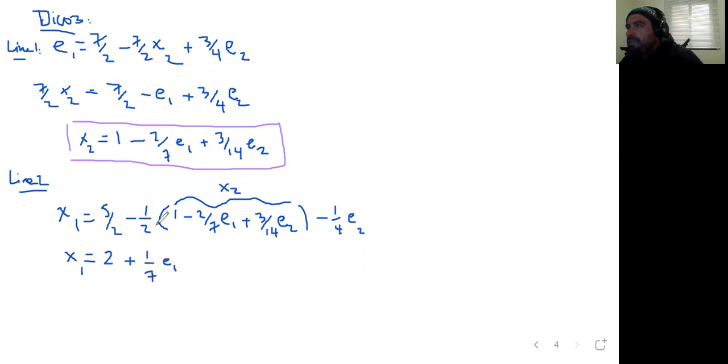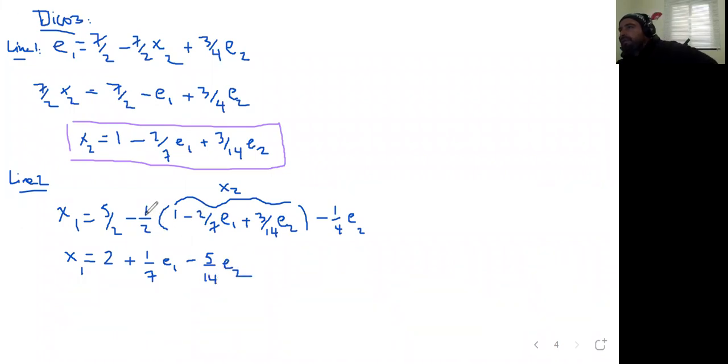And if I collect the coefficients of E2, I have minus 3 over 28 minus 7 over 28. So it's minus 10 over 28 or minus 5 over 14 E2.